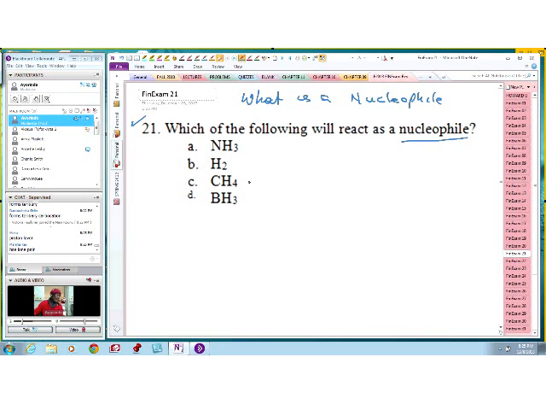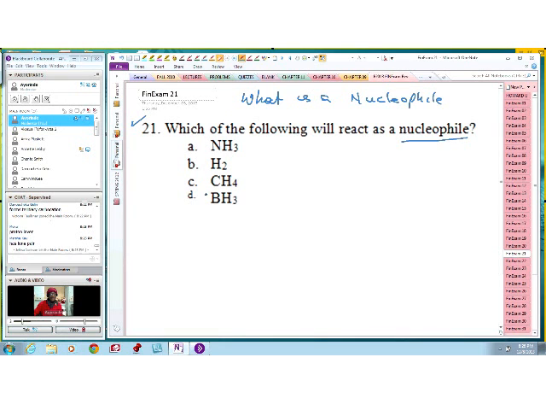As lone pair of electron, okay, very good. A nucleophile will have a lone pair of electrons. Yes, that is correct. It could also have pi electrons. Very often, any species that has a lone pair of electrons could act as a nucleophile, and sometimes it could also act as a base.